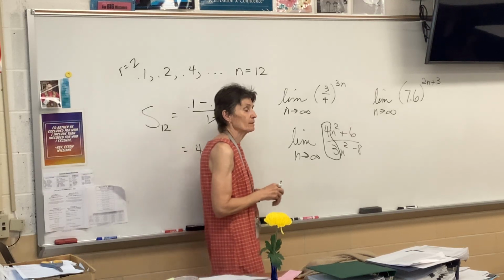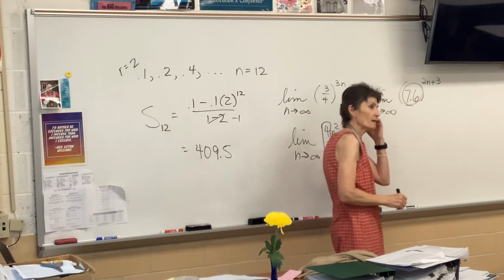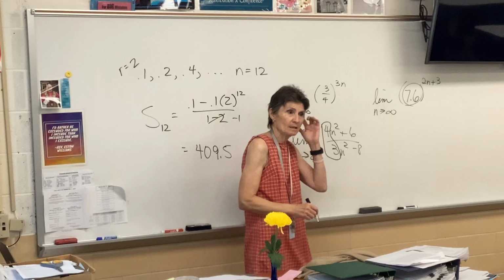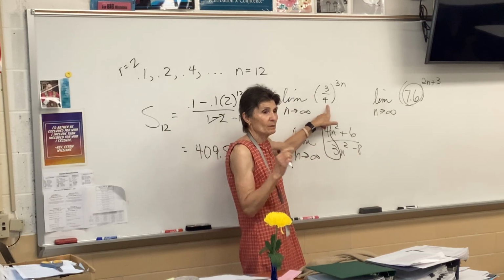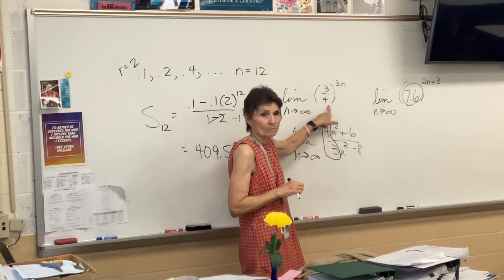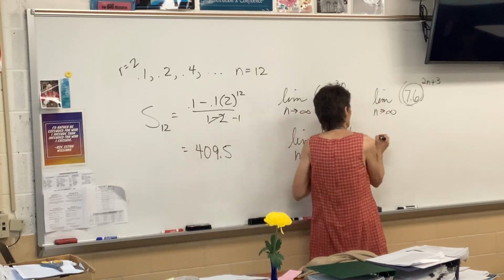It's divergent. Why is it divergent? Because that guy right there is bigger than 1. When it was less than 1, the limit was 0. When it's bigger than 1, there is no limit.